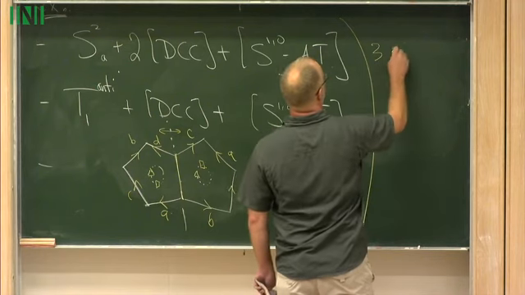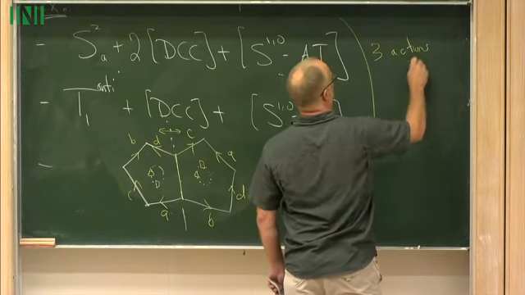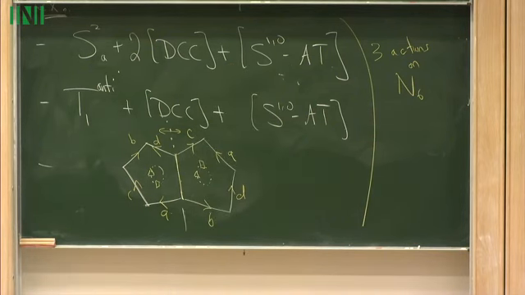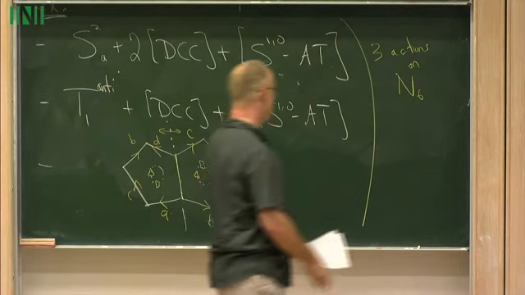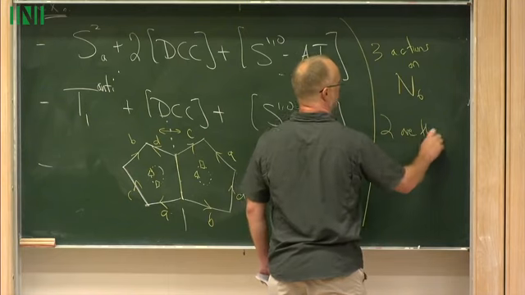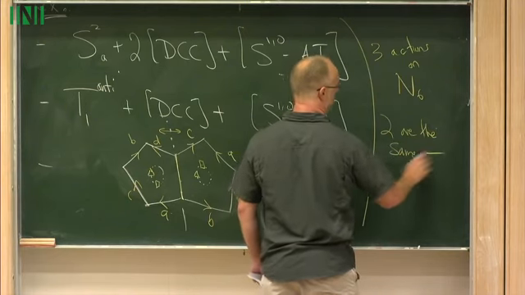These are 3 actions on N6. 2 of them are the same, 1 is different. So there's your problem if you're getting bored. Figure out which one's different. 2 are the same, which is not.